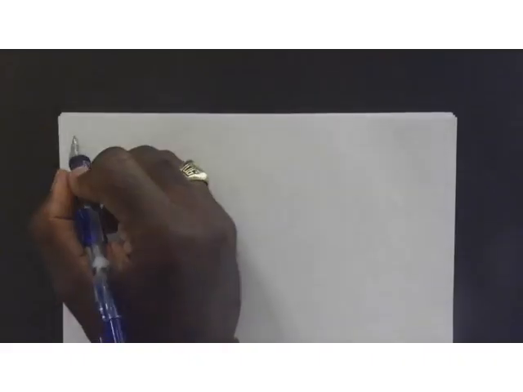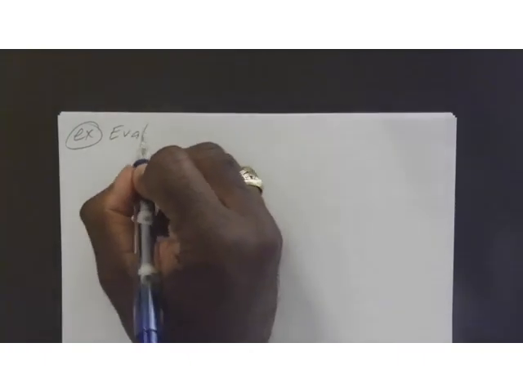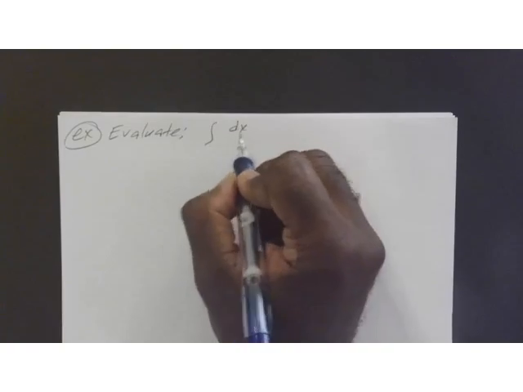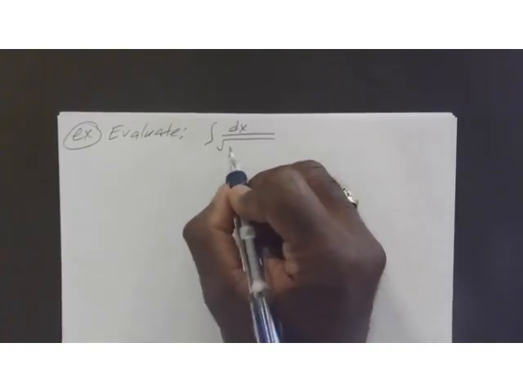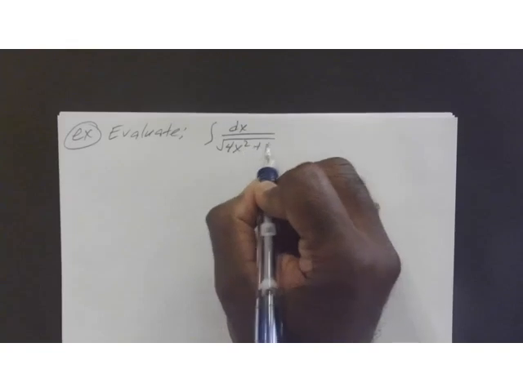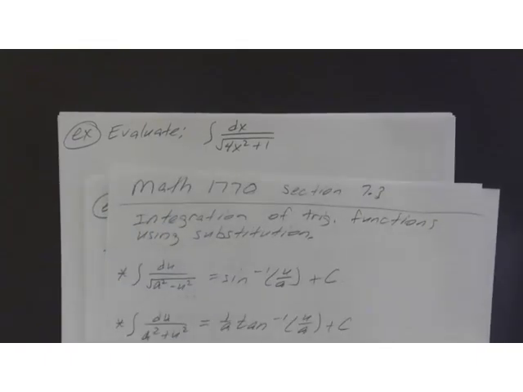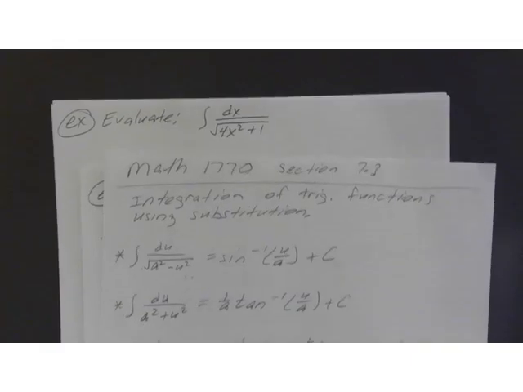Okay, so let's say, for example, we wanted to evaluate the integral of dx divided by the square root of 4x squared plus 1. Okay, so again, it's not in the forms that we had at the very beginning.